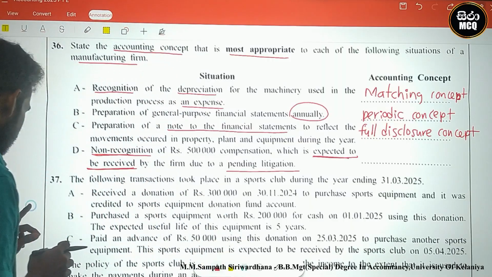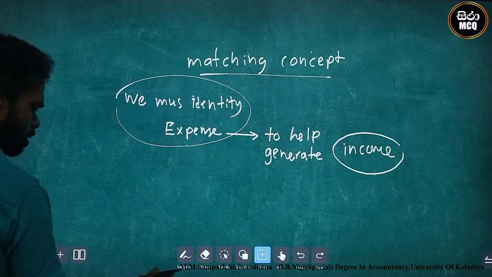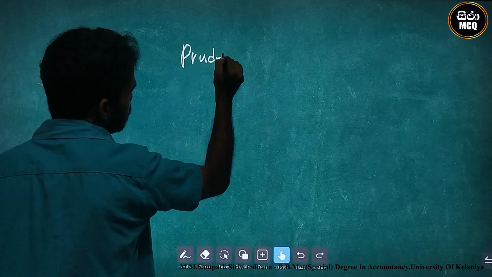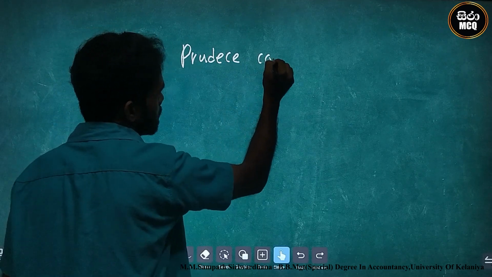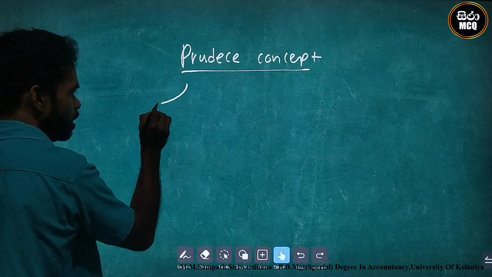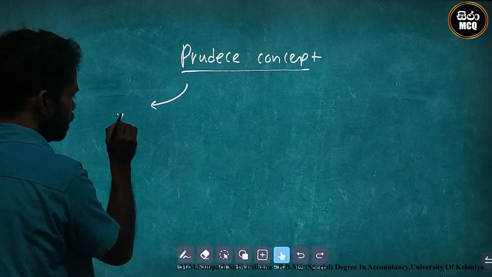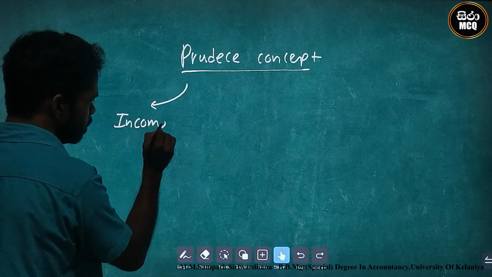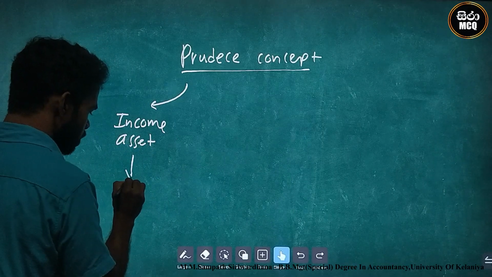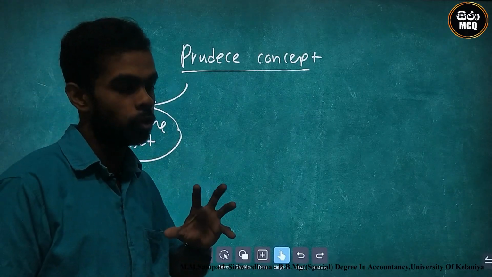Expected to receive means there is an asset, no? There is a concept there. What is the concept? There is a pending asset. You know, the prudence concept says that we must identify income and assets, not overvalued.